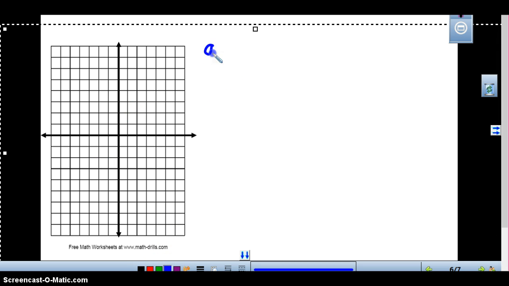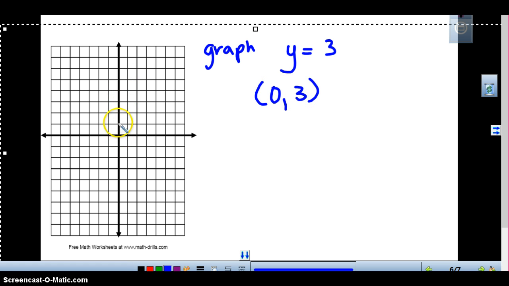If we have to graph y equals 3, do we have any x? No. The graph of y equals 3 is a horizontal line through 0, 3. So I go to y equals 3, 1, 2, 3, and I create a horizontal line through 0, 3.